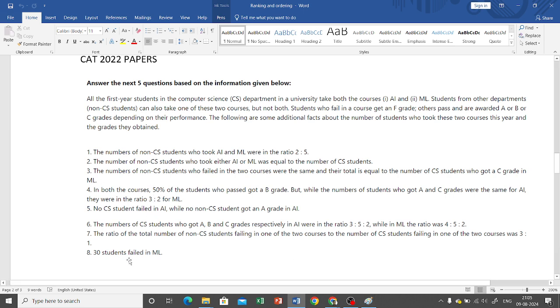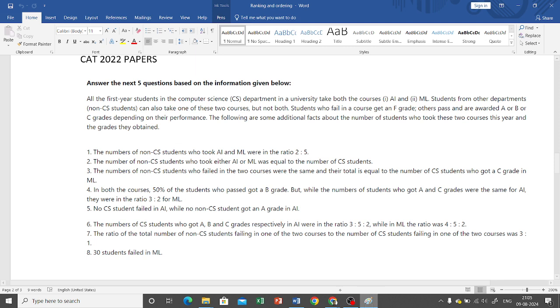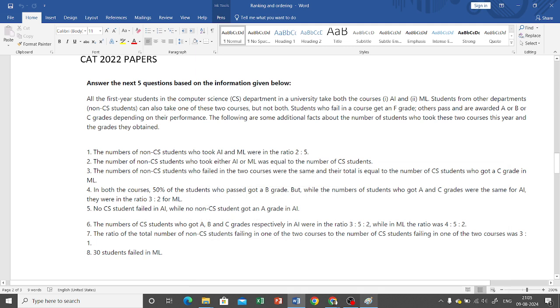Okay, 30 students failed in ML. This is combining both. I cannot use this information now. So if I go back to information number 2, the number of non-CS students who failed in 2 courses, that is this one, F and F, were the same.